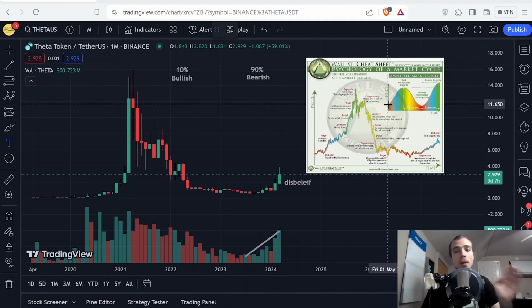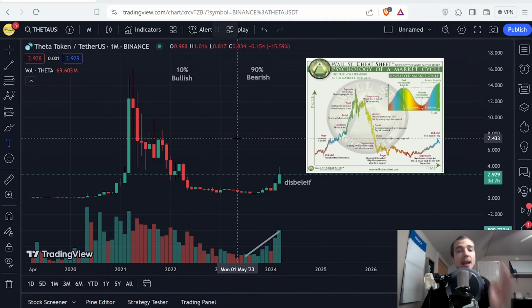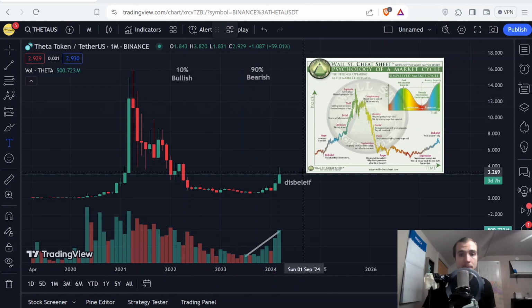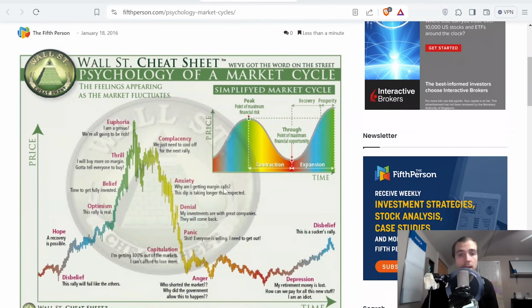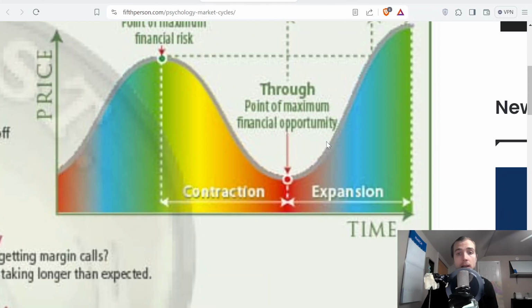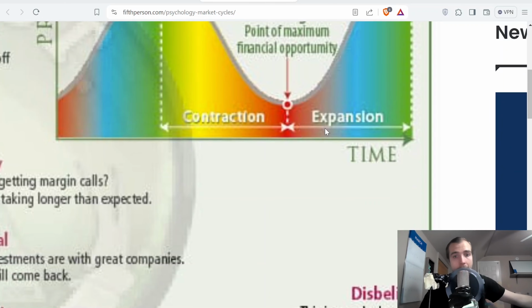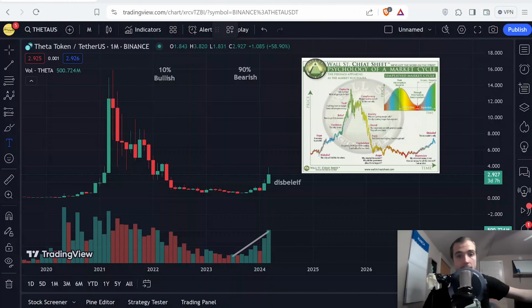Through the use of this market cycle, we can identify that we're in disbelief, which is, by the way, still very close to the point of maximum financial opportunity, right? So we're in disbelief, but the opportunity is extremely high.